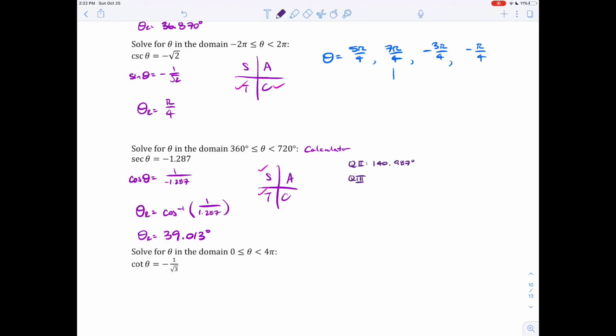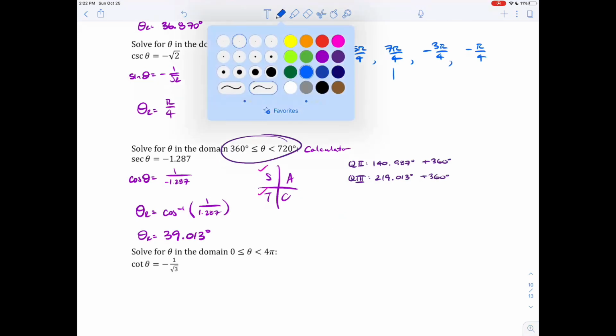And in quadrant 3, we're dealing with 180 plus that, which is 219.013 degrees. But we're not dealing with 0 to 360. We're going from 360 to 720, so we're going to have to add 360 degrees to each of those. And that's how we'll get our answer.